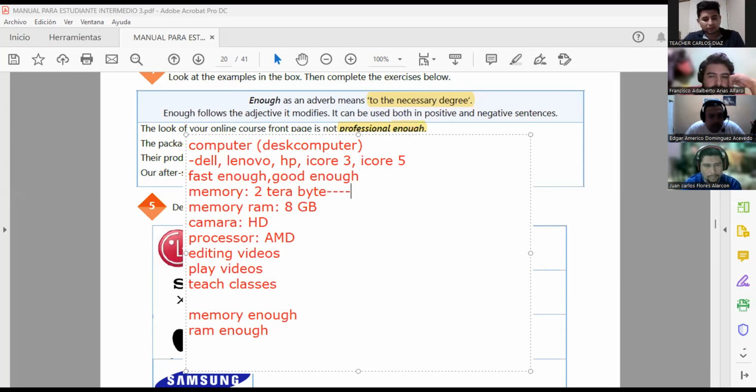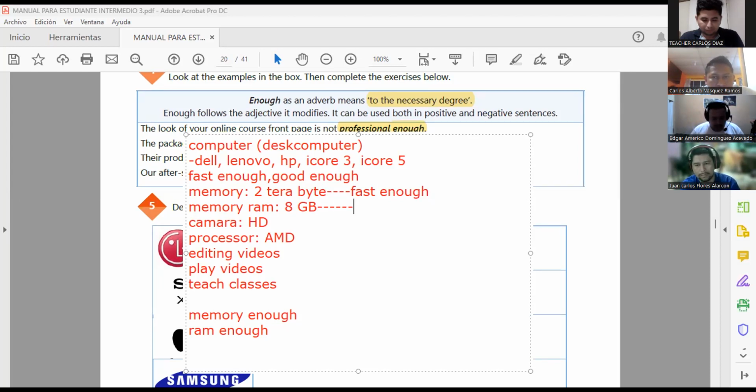Fast enough. It's not depends. No, it's not depends. The 2 terabytes, the fast. Do you think this class of memory is for save information? It's very important that it not make the computer slow.